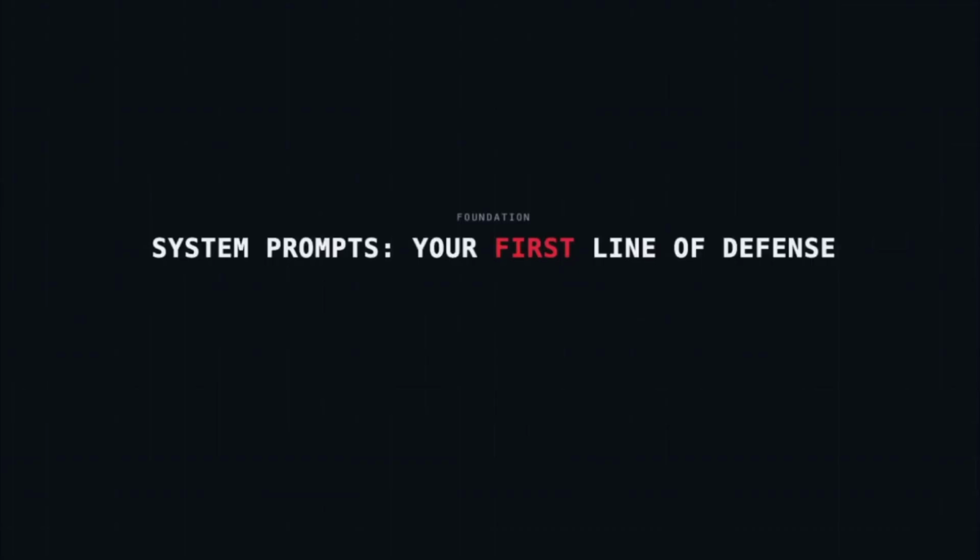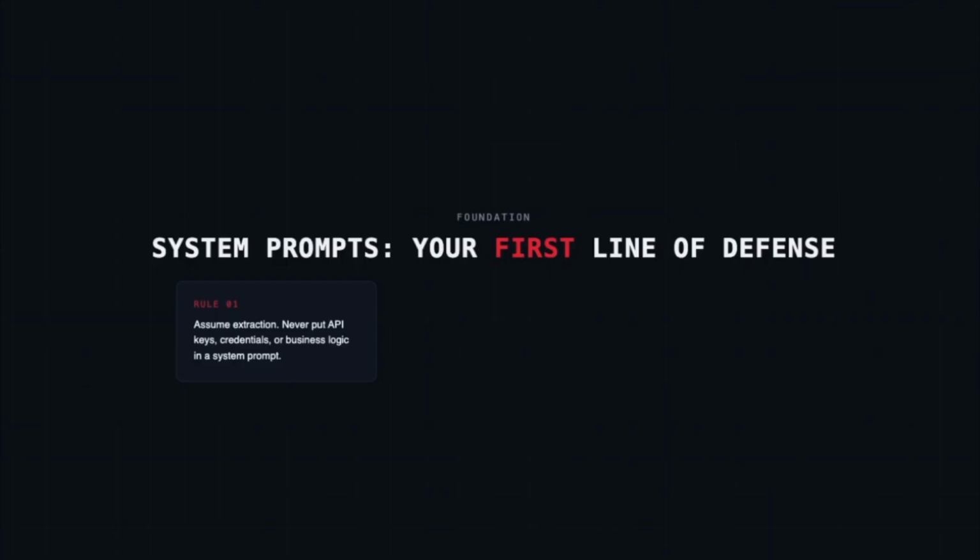Quick foundation before the attack: the system prompt. The system prompt is what defines a model's persona, its constraints, its rules. It's the main lever you have to control behavior in production. Let's talk about 3 design rules that are non-negotiable. Rule number 1, assume it will leak. Never put any API keys, credentials, or business logic in there. 2.